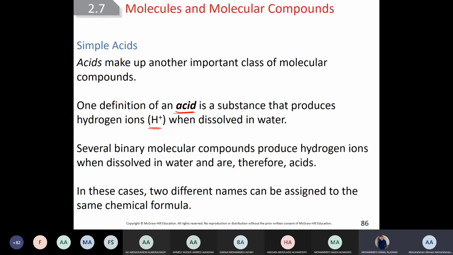Example, if you take any ion, like this one. What's the name of this ion, if there is minus here? Perchlorate. You must memorize this one.